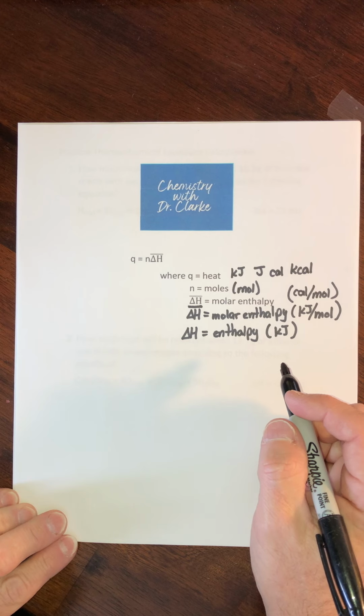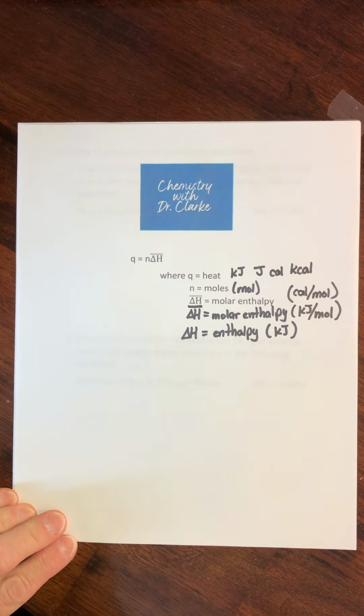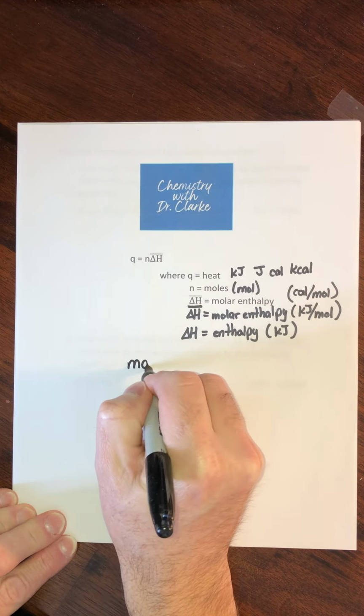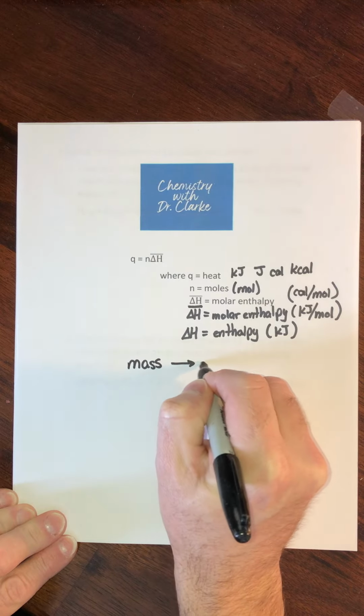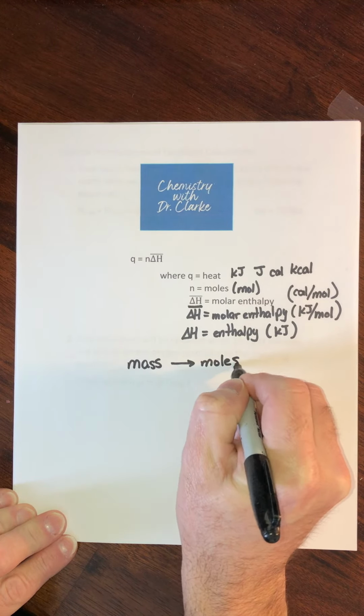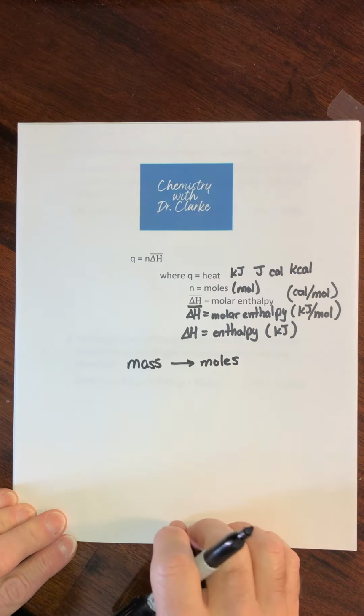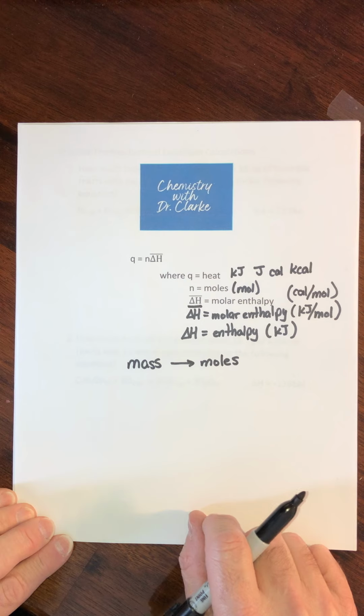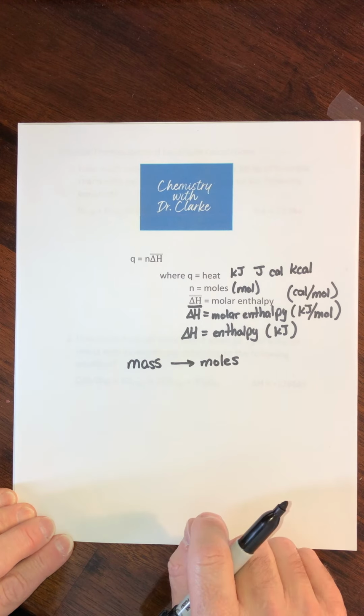Usually when we're talking about chemistry, we don't want to talk about things in terms of moles. We want to talk about them in terms of mass. So you're going to have to be able to convert a mass into a moles, right? Because the formula needs a moles, but you are likely going to be given a mass. And that's because most things that we measure in the chemistry lab are measured in masses.